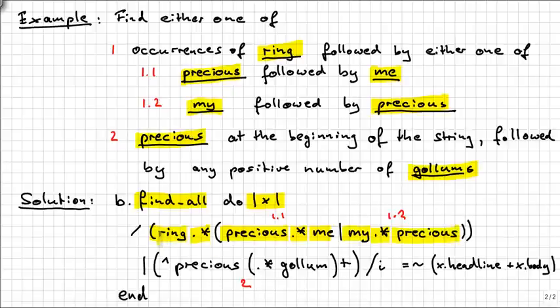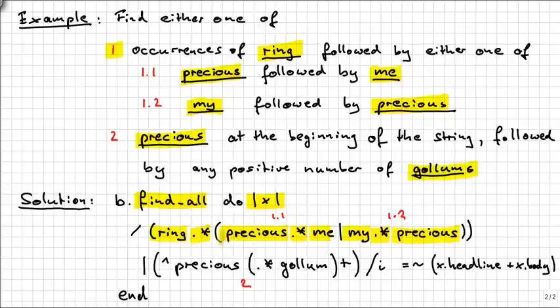So the first line of the regular expression here refers to option 1, where we require that ring occur, and then it is followed by two possibilities.